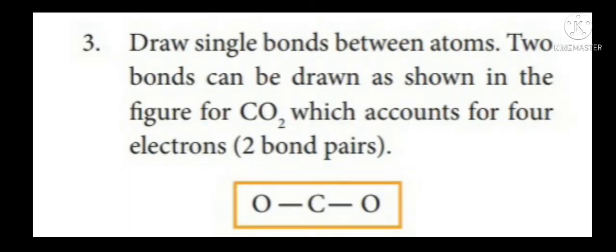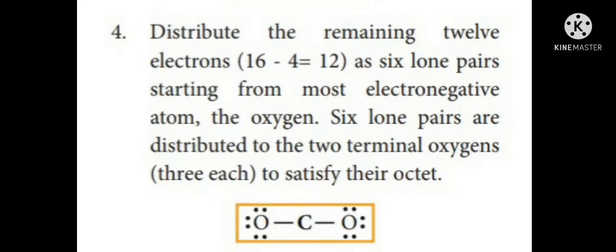Next, in the skeletal structure, we have to draw a single bond between oxygen and carbon and between carbon and oxygen. Hence, there should be two bonds. Therefore, it contains 4 electrons. Next, distribute the lone pair electrons on the most electronegative atom followed by other atoms.